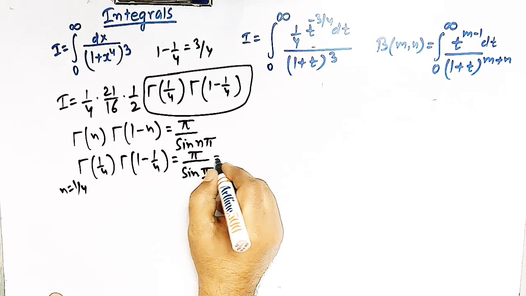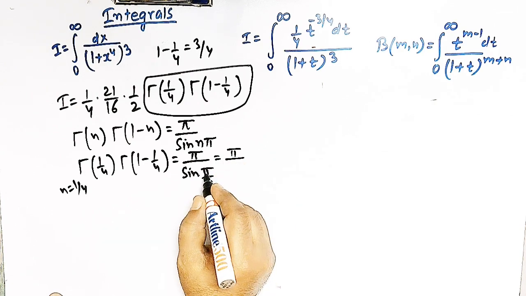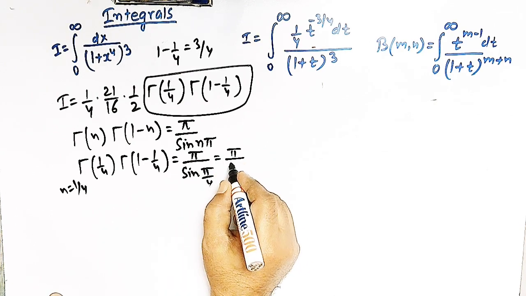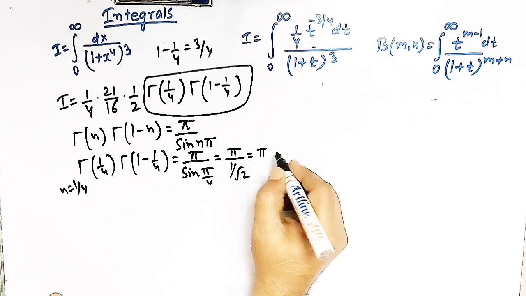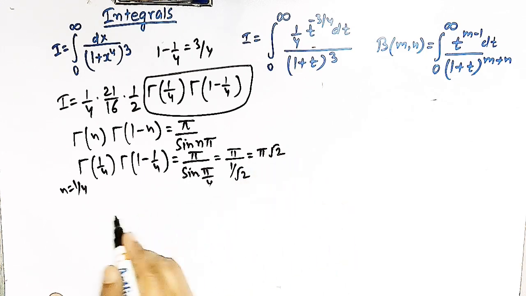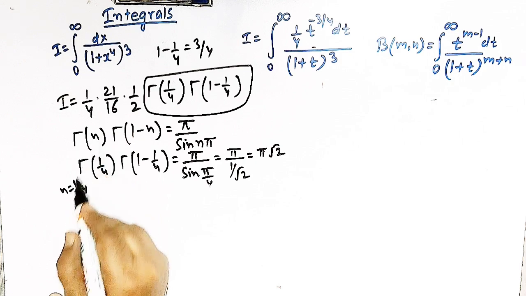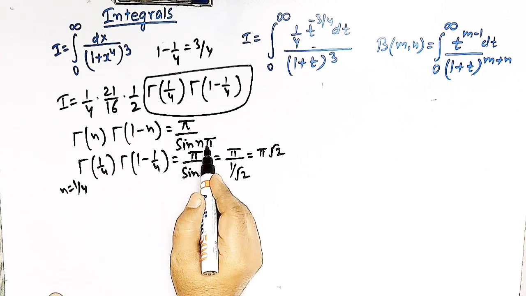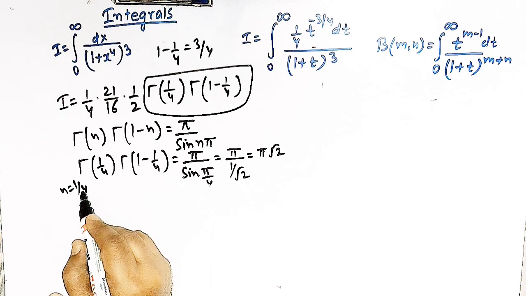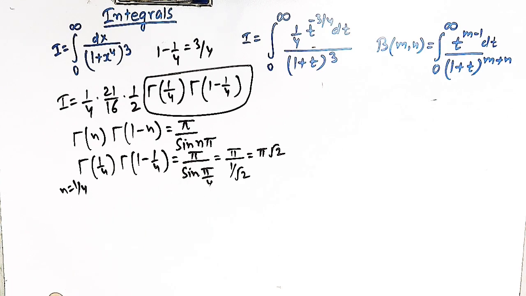So now the value of sine pi by 4 is 1 over square root of 2. That is now pi times square root of 2.